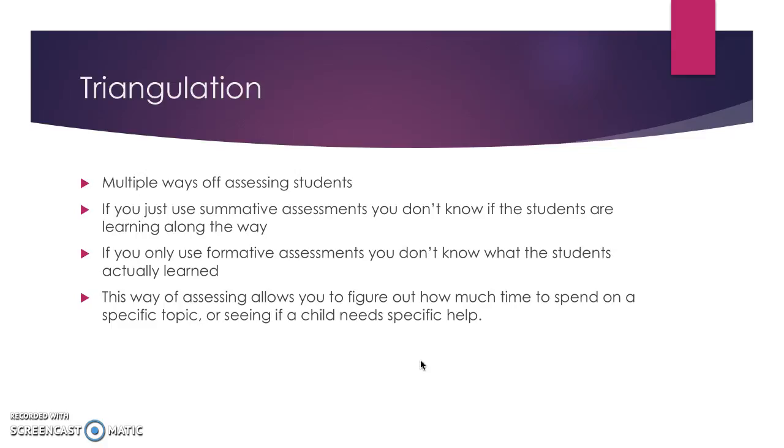So, for all you know, they could have just learned small information, just general ideas, rather than all of the details. This is a way of assessing, and it allows you to figure out how much time to spend on a specific topic, or seeing if a child needs specific help.